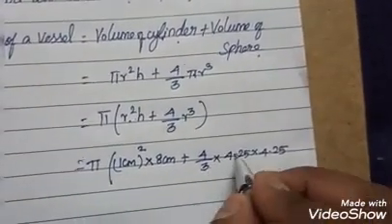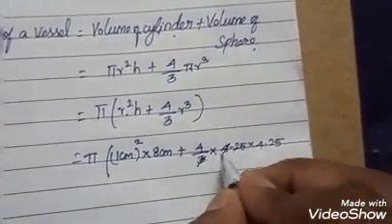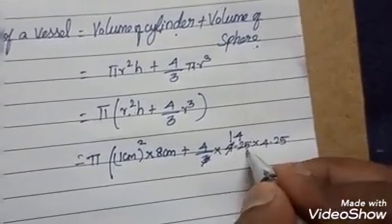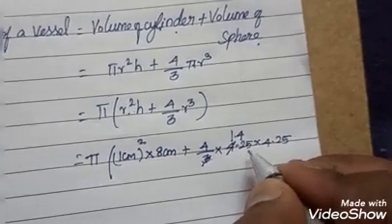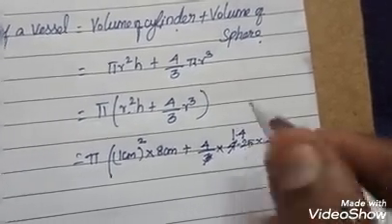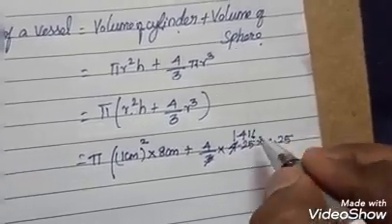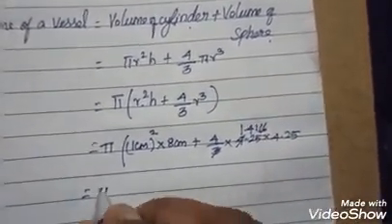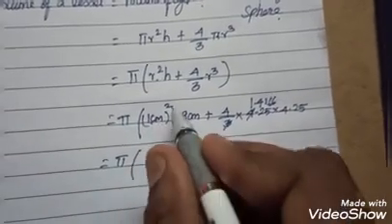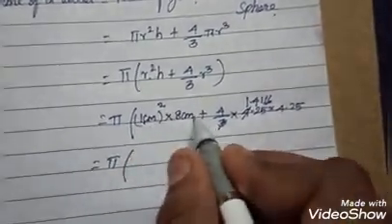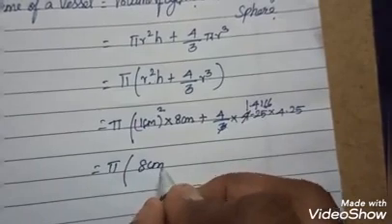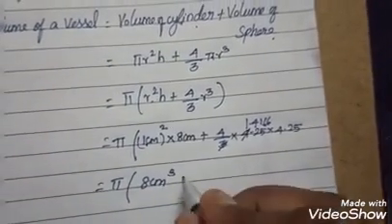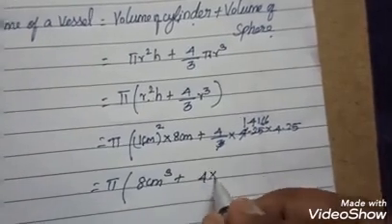Here you need to cancel: 3 ones are 3, 4 threes are 12. So pi into 1 squared is 1, and 1 into 8 is 8 centimeter cube.